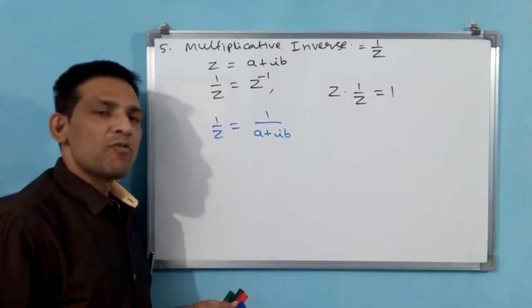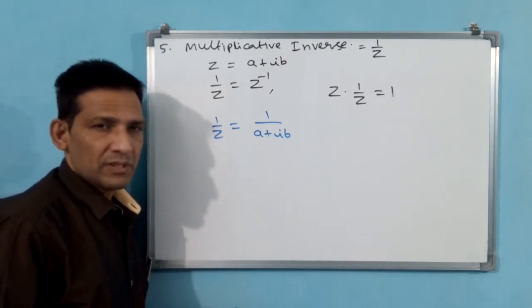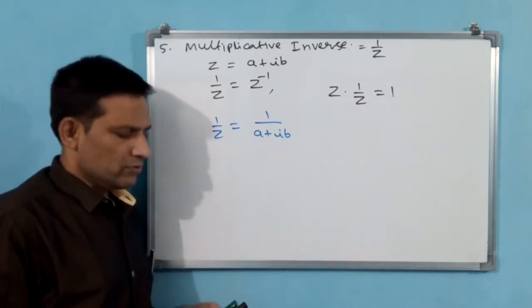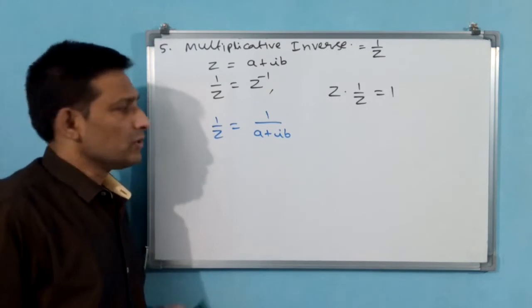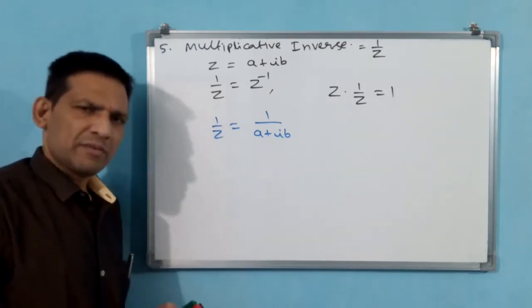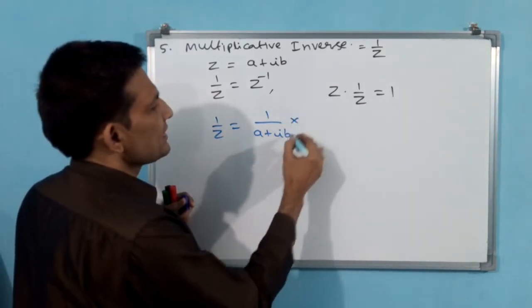In the denominator, such a special number comes, like a square root. Rationalization only. In earlier classes also, when some special number like a square root came in the denominator, what did we do? We did rationalization.